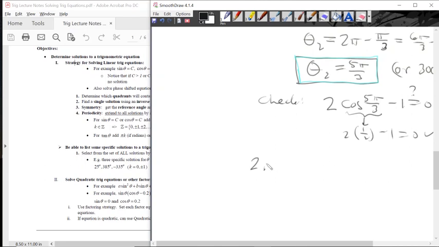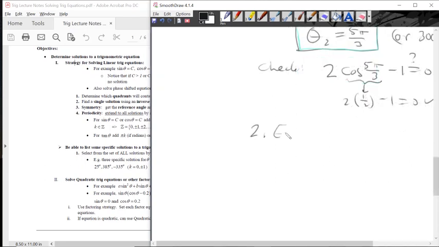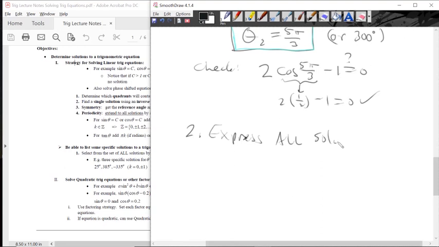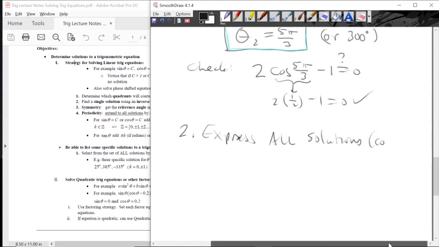Step 2 from that strategy is listed above. We're going to express all of the solutions, that is, we're looking now for the coterminal solutions.